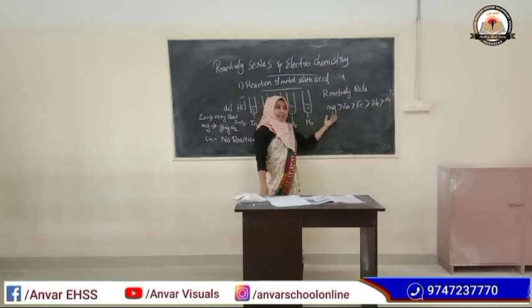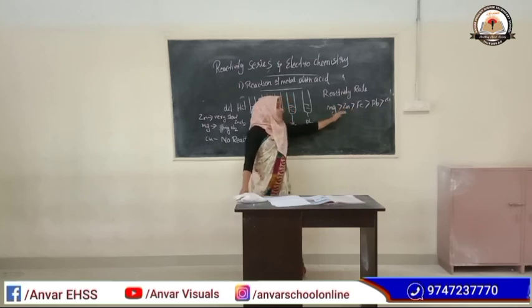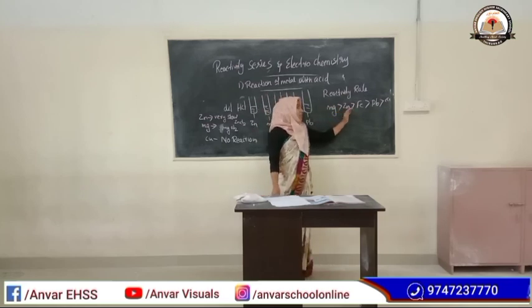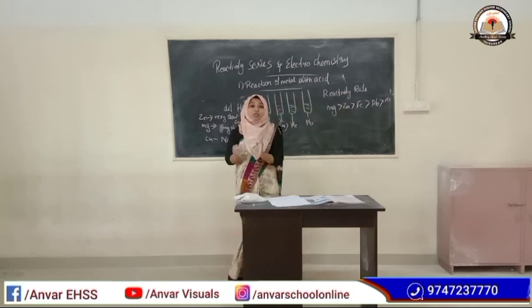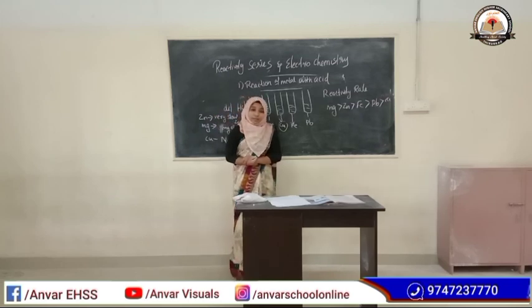Magnesium is more reactive than zinc, and zinc reacts with hydrochloric acid, and then is iron. Lead reacts very slowly with hydrochloric acid, but copper does not react with hydrochloric acid.